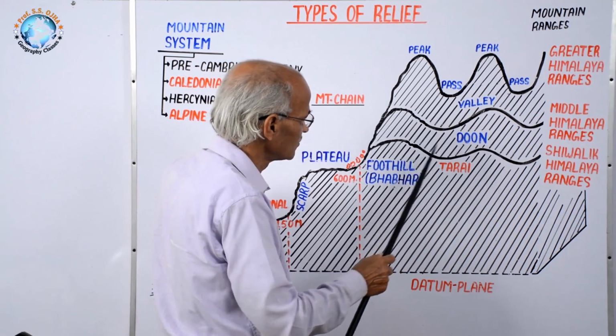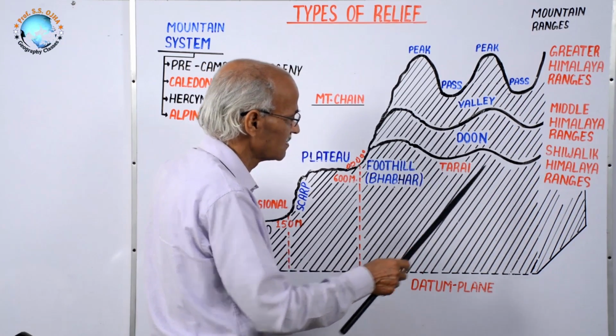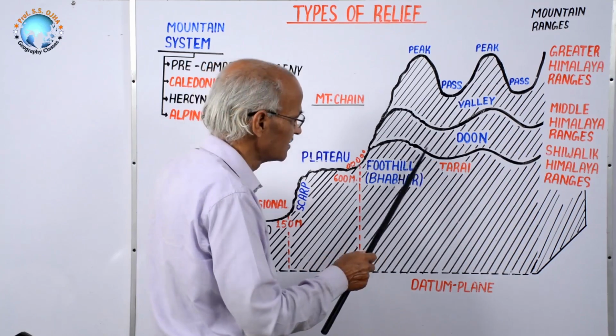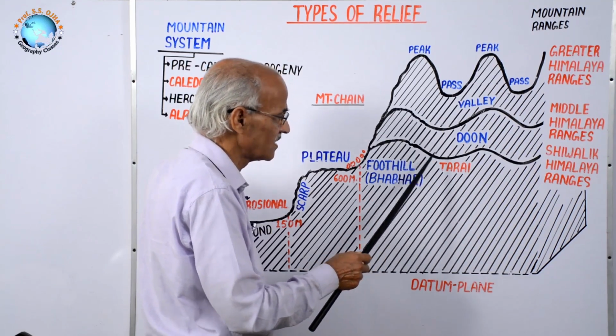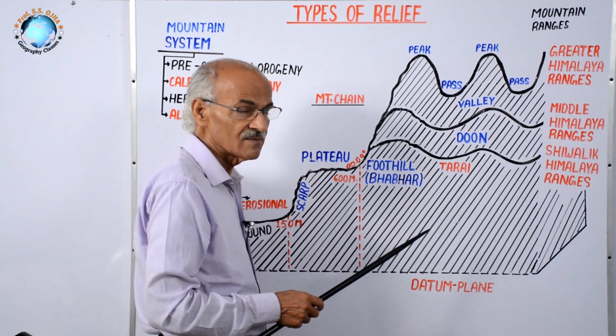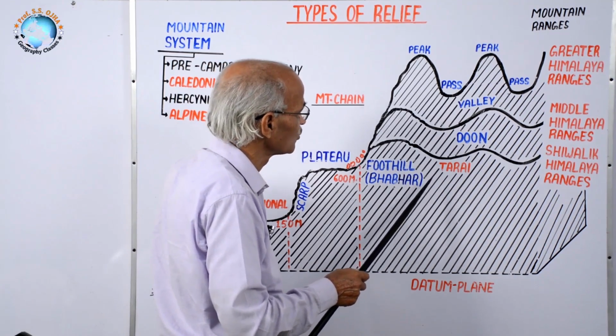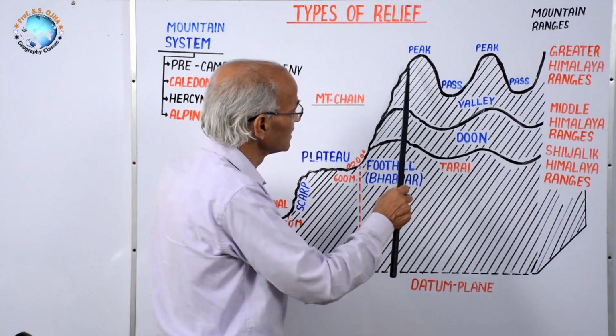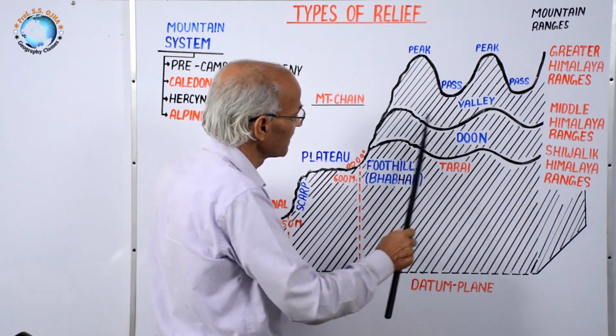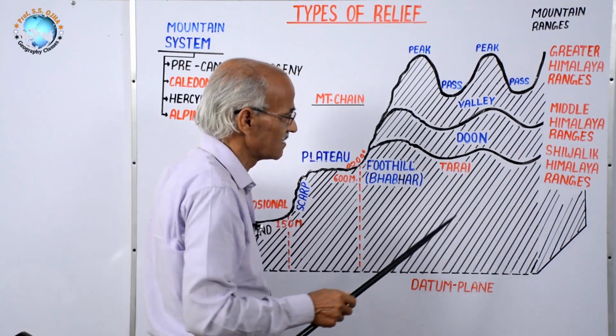To the south of this Doon is the Shivalik range, and Shivalik also has peaks and passes, but of a smaller size due to less tectonic force. So these are the three ranges: Greater Himalayas, Middle Himalayas, and Shivalik Himalayas.